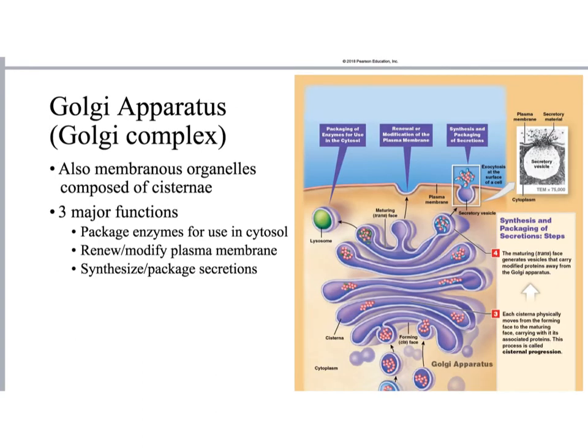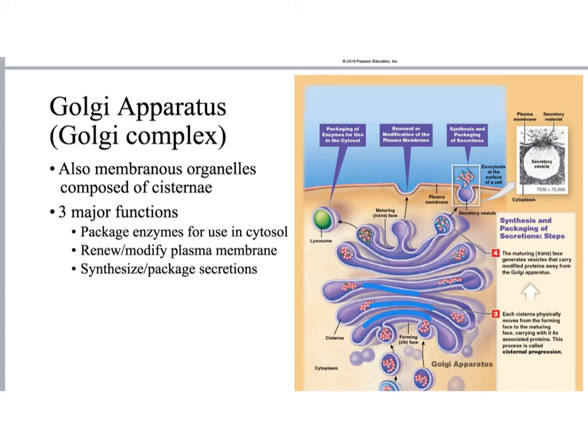Okay, so once the not quite fully finished proteins or other substances are released from the endoplasmic reticulum, they will travel to the Golgi apparatus, where they go through another series of cisternae, and they get further matured and further developed and eventually packaged into what will be the final product.